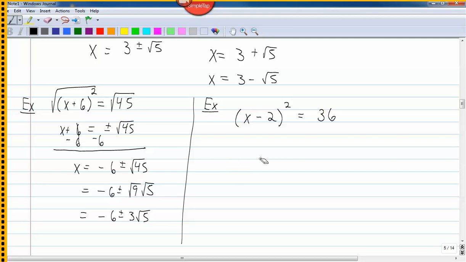Alright, so the first thing I'm going to do is take the square root of both sides. So I have x minus 2 equals plus or minus, and the square root of 36 is 6.